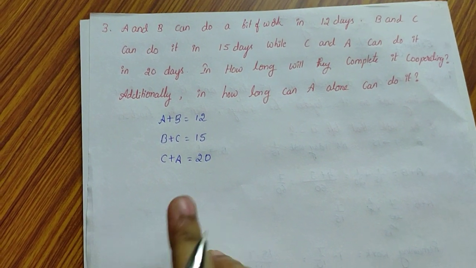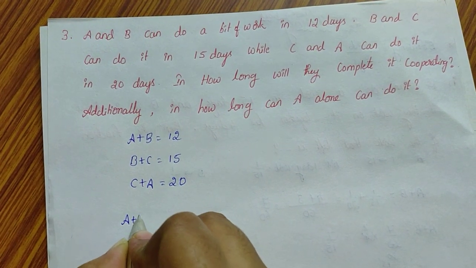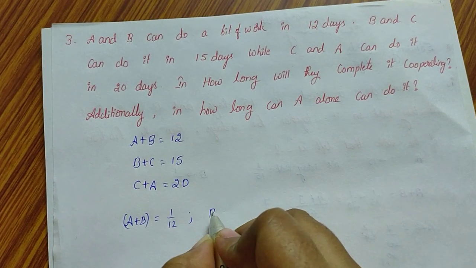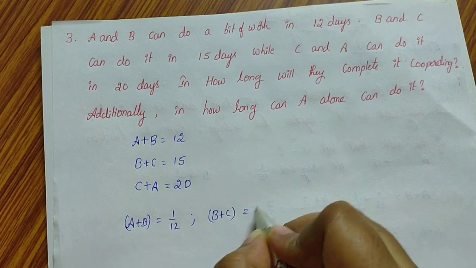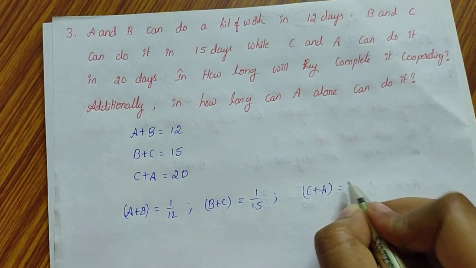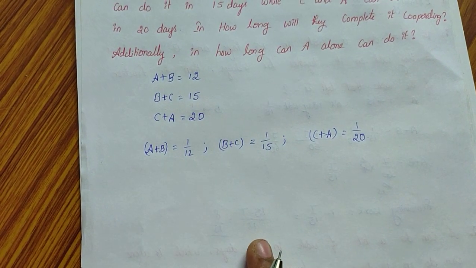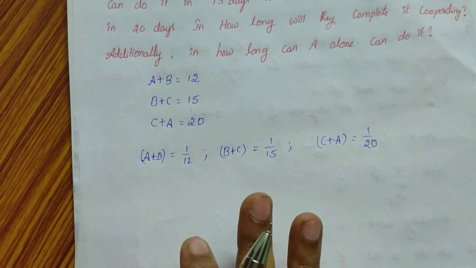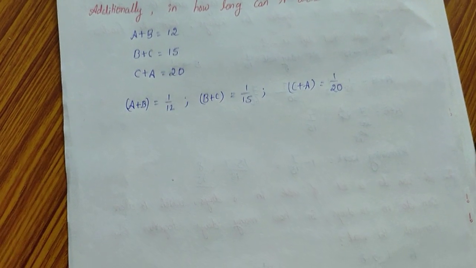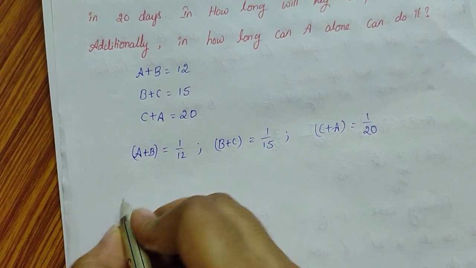So, here we have to find A plus B together. Efficiency is 1 by 12. B plus C together efficiency is 1 by 15. C plus A is 1 by 20. We have to find all three together completing the work; cooperating or together means the same. So we have to add all these equations.